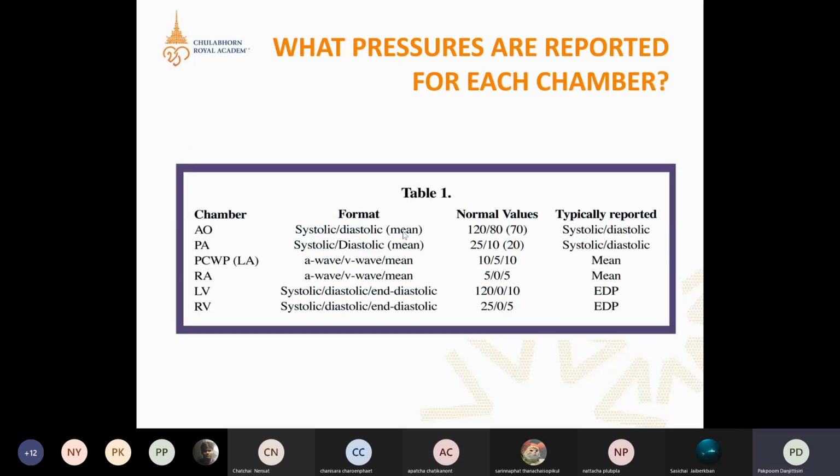This is a table that I want to show you more about, the normal value ranges from each chamber. I think these normal values are quite memorizable, so easy to remember. If you want to memorize the normal values of each chamber, you can memorize them just like this.